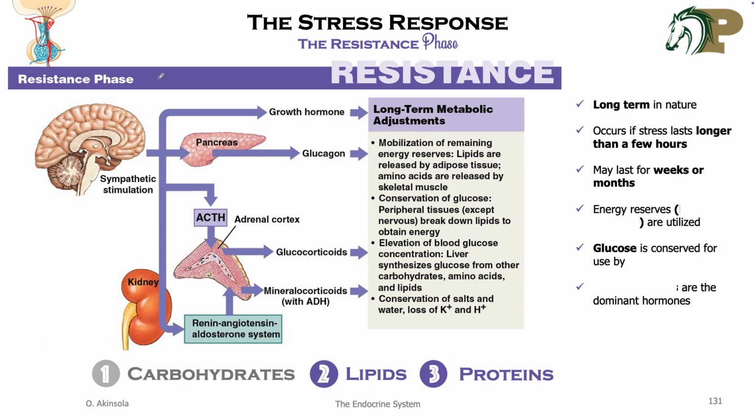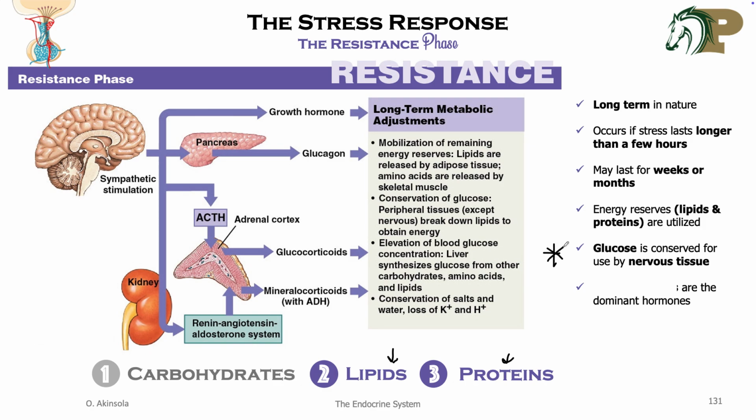Because this is happening over a longer period of time, you're going to tap into your lipid and protein reserves for this particular phase. Glucose, on the other hand, is conserved for use by nervous tissue.